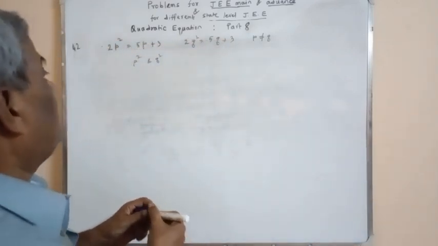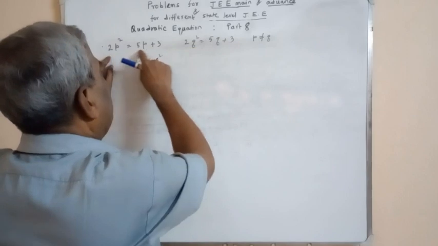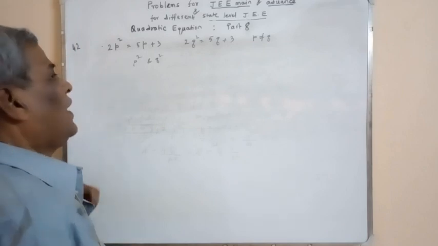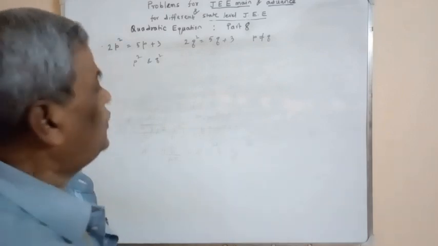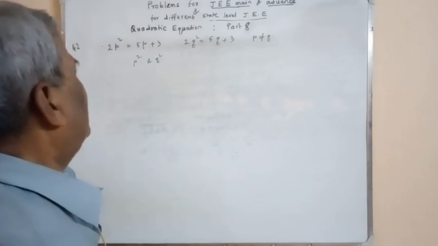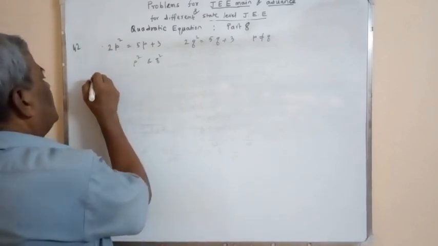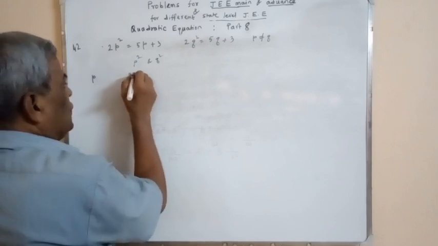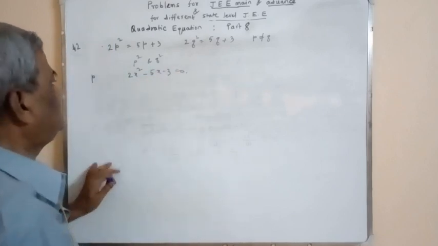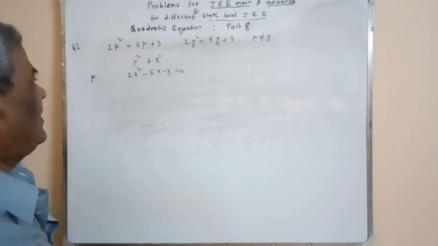Here, simply this relation is given, that relation is given. This is quadratic in p, this is quadratic in q. And given that p is not equal to q, in that case, we have to obtain a quadratic equation whose roots are p square and q square. From this one, it is clear that p is a root of 2x square minus 5x minus 3 is equal to 0, because p satisfies it, as it is given.